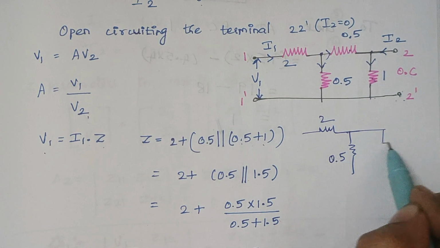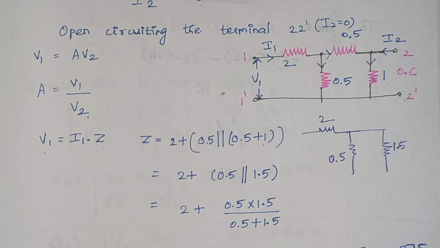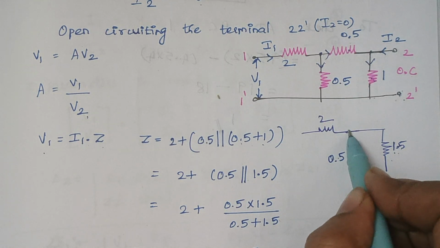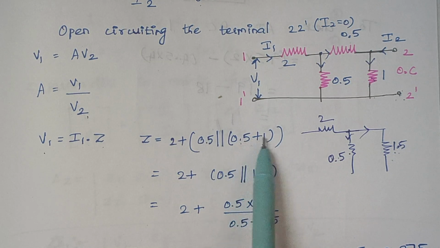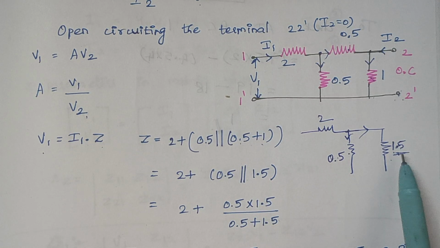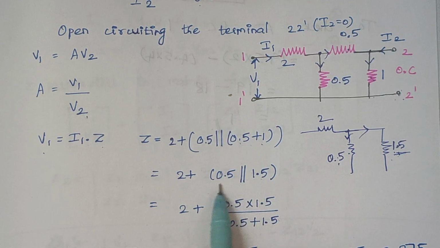Therefore what will be the equivalent value of resistance? 1 plus 0.5 will become 1.5. Now these two resistors are connected in parallel because the current when it reaches this node gets divided into 2. Therefore, this 1 plus 0.5 combination gives 1.5, and this 1.5 is in parallel with this 0.5 ohm. So this is what I had written here.